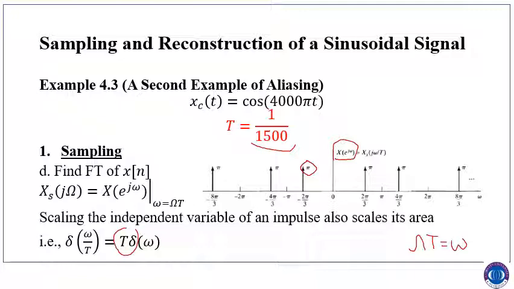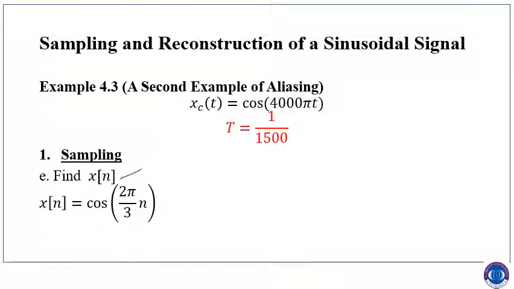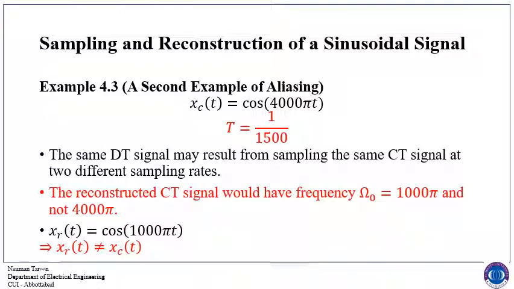So this is the Fourier transform of x[n], which is X(e^jω) evaluated at ω equal to capital omega. So we have found the Fourier transform of x[n]. We have seen that x[n] is equal to cos(8π/... n), which is equal to cos 2 pi by 3 n.